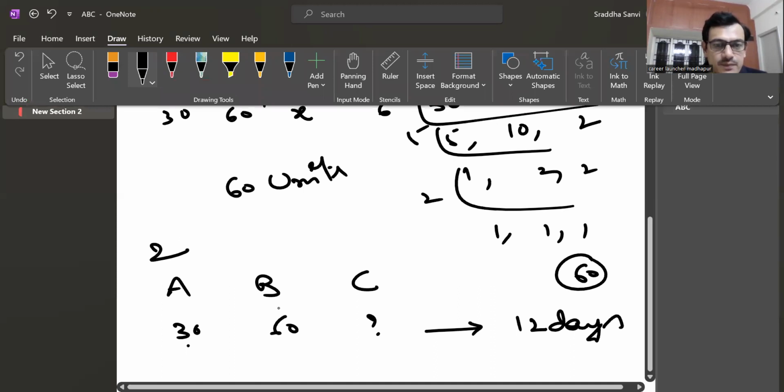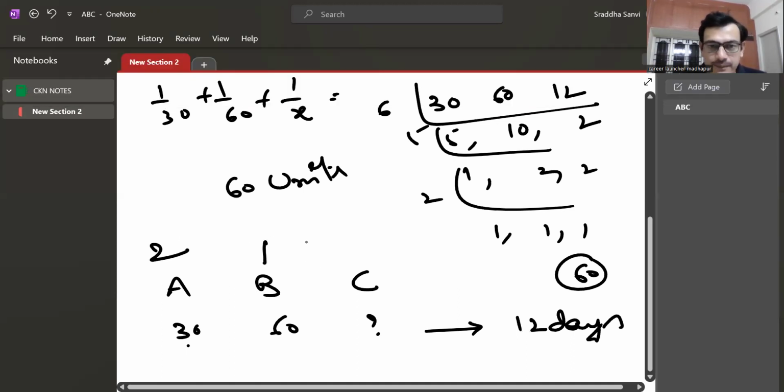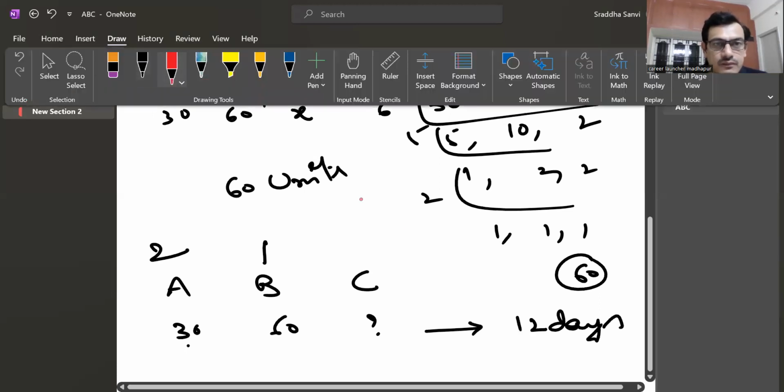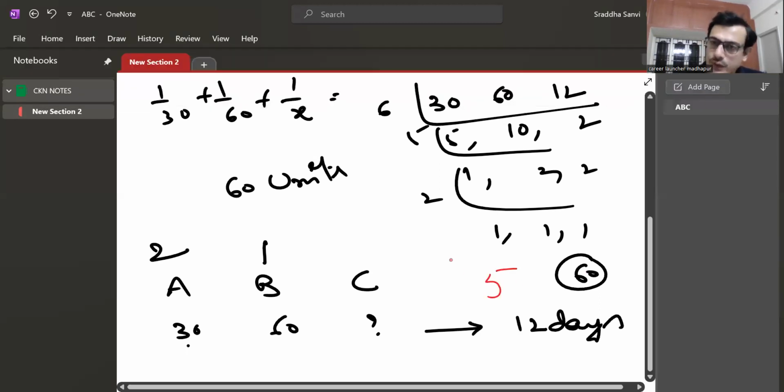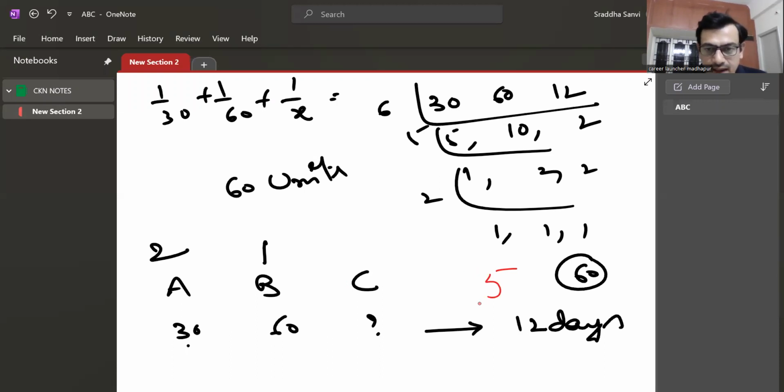Similarly, for B, in 60 days, 60 units, so per day 1 unit. Then all three of them in 12 days, 60 units, so per day 5 units. I mean to say A plus B plus C in a day can do 5 units.